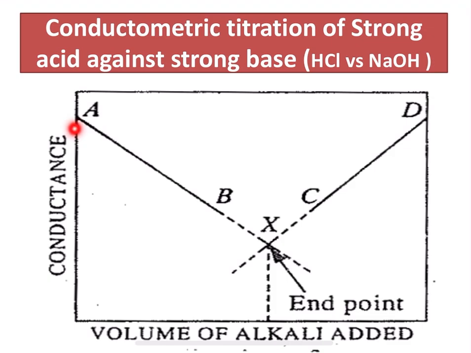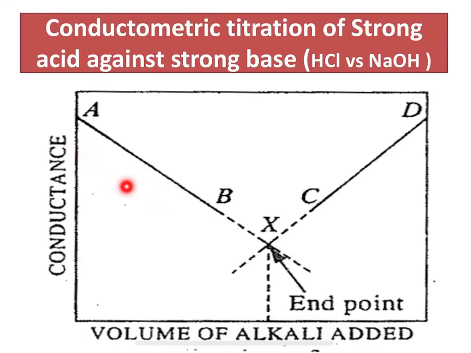Next, we are going to add sodium hydroxide in successive additions of 1 ml. So, what happens here? The H plus of hydrochloric acid is replaced by the Na plus ions, which move slower than the hydrogen. This is very interesting. When hydrogen is replaced by sodium, the movement of that electrolyte becomes slower.